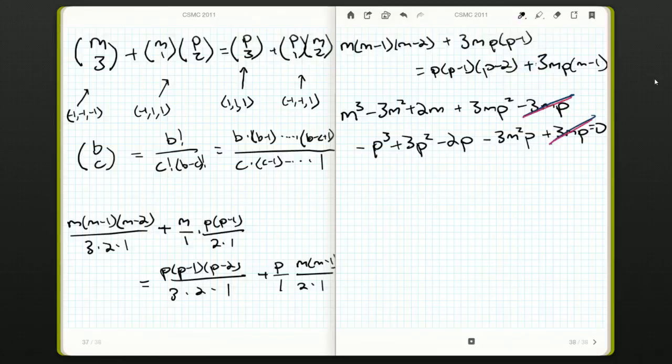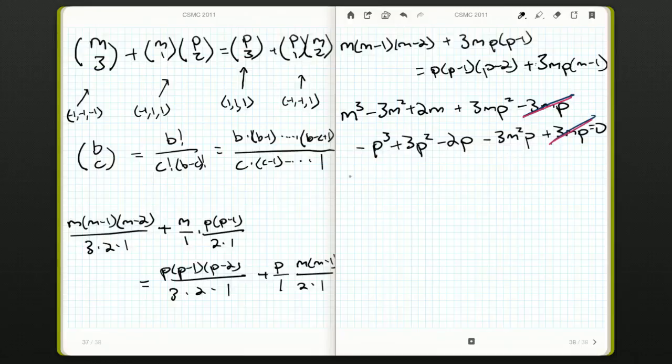So, there's no decent thing that I can see to do other than I'm noticing that basically I have the same thing written above and below, except m's are swapped with p's. And everything here is negative. So, what I might do is I might group by powers. And obviously, you can see the way that this is set up, you're going to have a great deal of symmetry. That basically this top statement and this bottom statement are nearly identical. Just the m's and the p's have been swapped.